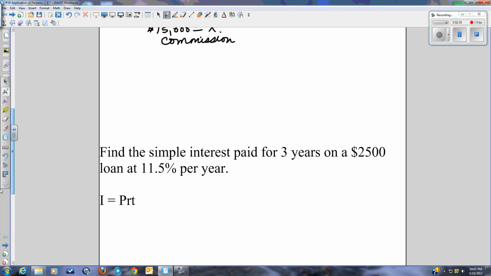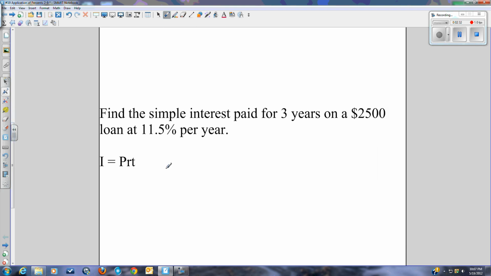Okay, now this next problem, we want to find the simple interest paid for 3 years on a $2,500 loan at 11.5% per year. Now, the formula for simple interest is the principal, which is how much you borrow. Okay, so this is the amount borrowed. We're going to write that down.